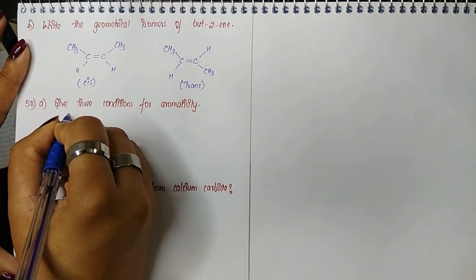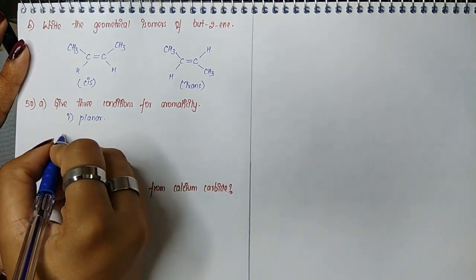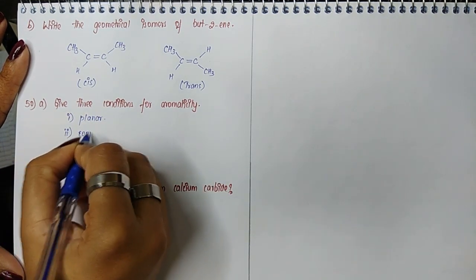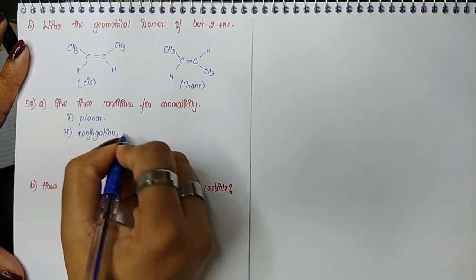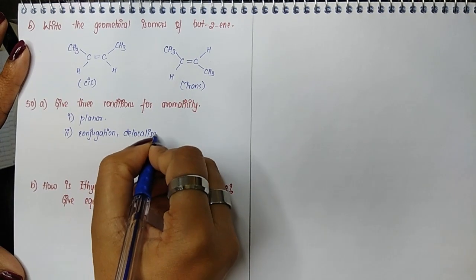So first thing is they have to be planar. Second one is conjugation. Conjugation is alternate single double bonds, or you can also call delocalization of electrons.